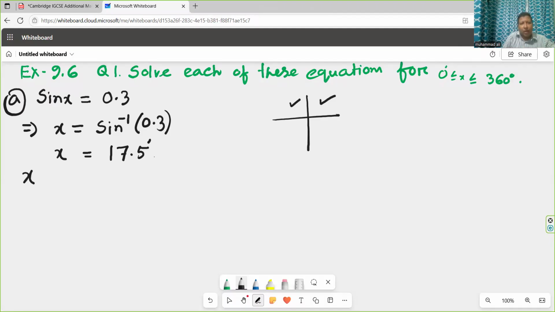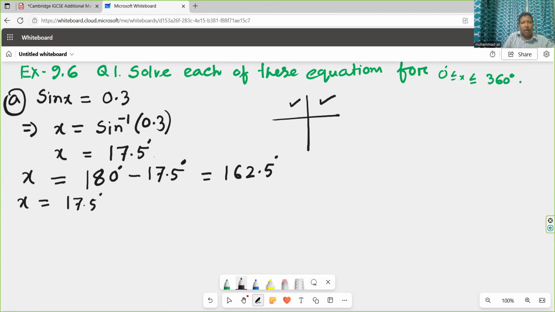If we want to get the result for the second quadrant where sine is positive, we have to subtract 17.5 degrees from 180 degrees. So finally we get 162.5 degrees. Our answer: x equals 17.5 and another answer 162.5 degrees. This is number A.